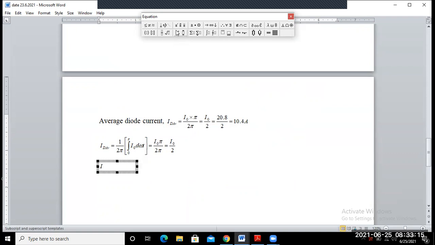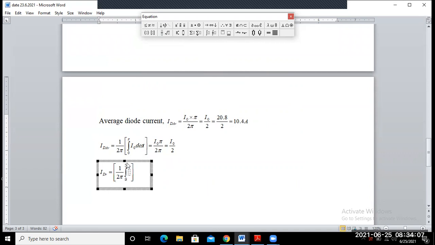IDRMS value is equal to 1 by time period, that means 1 by 2 pi, integration of 0 to pi of I0 squared d omega t.